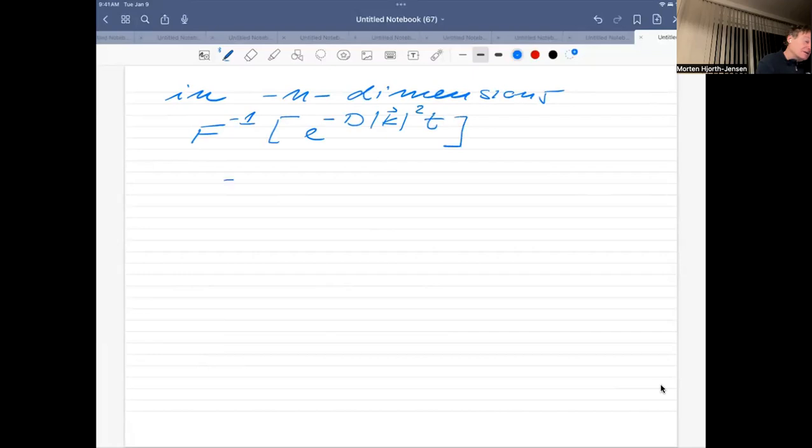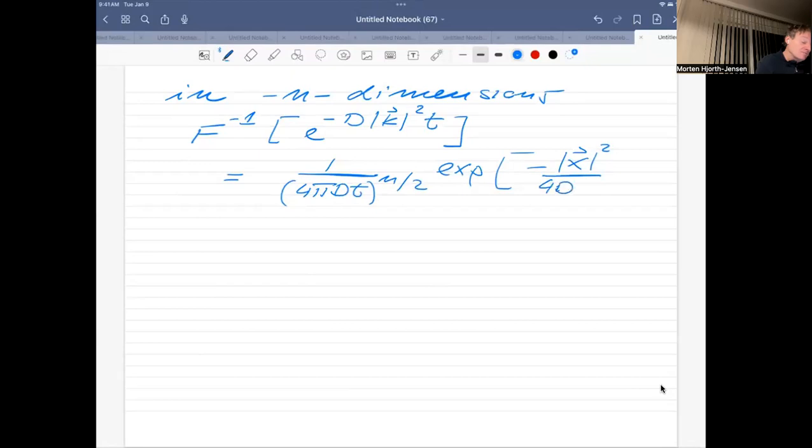That is simply given by 1 divided by 4 pi D t to the power of n divided by 2, and then an exponential of minus x. I'm putting vectors now because I'm dealing with quantities beyond one dimension. So this is the distribution here.